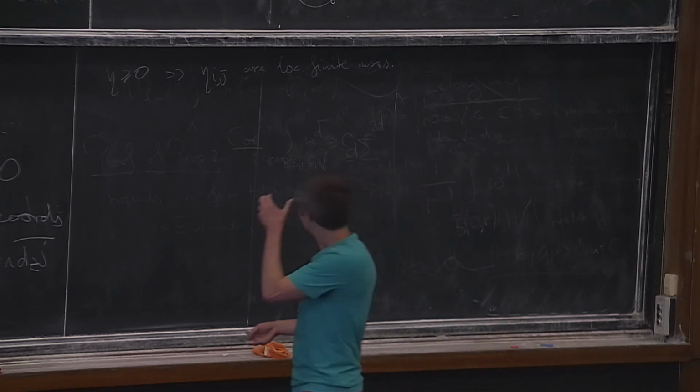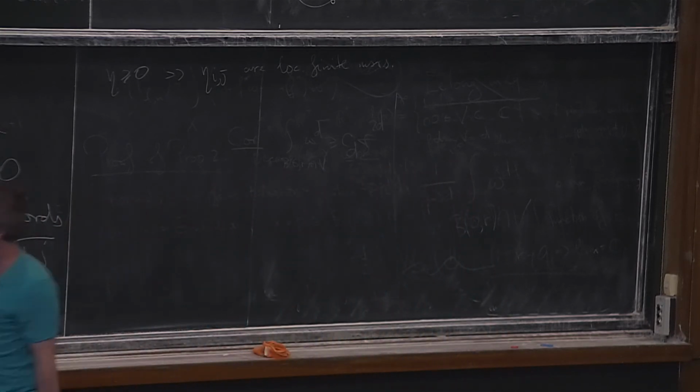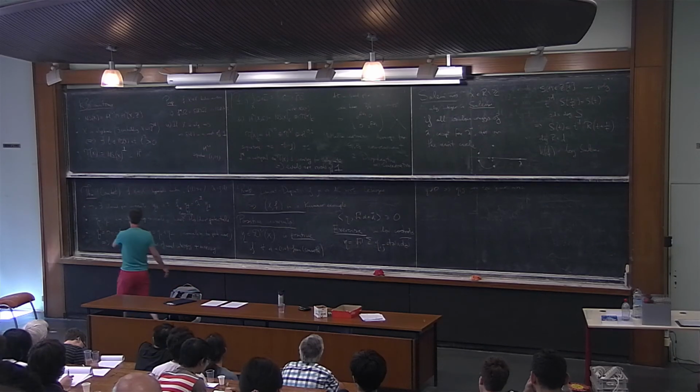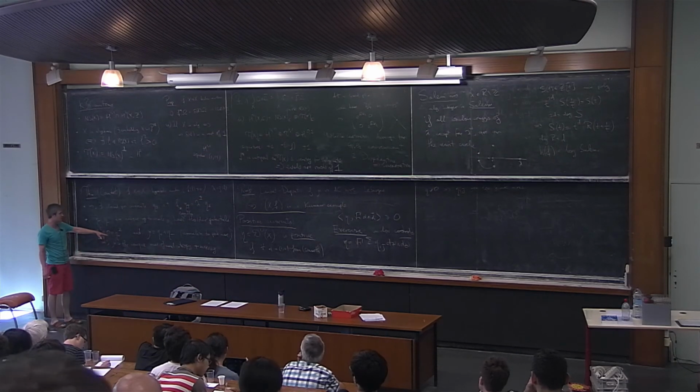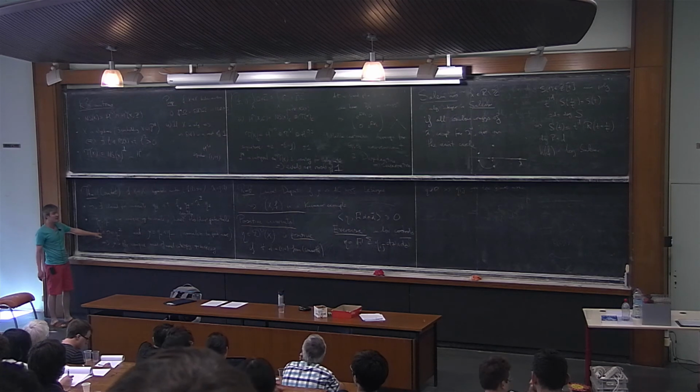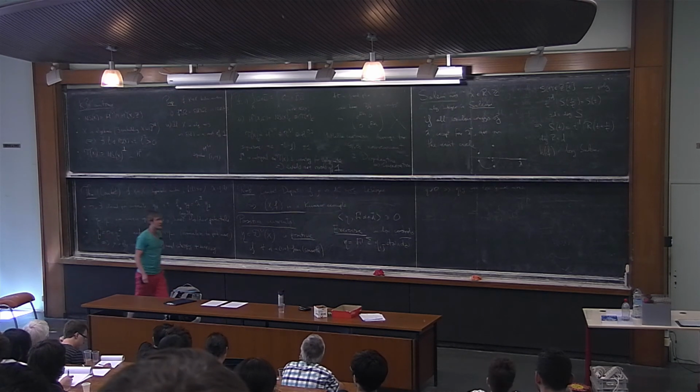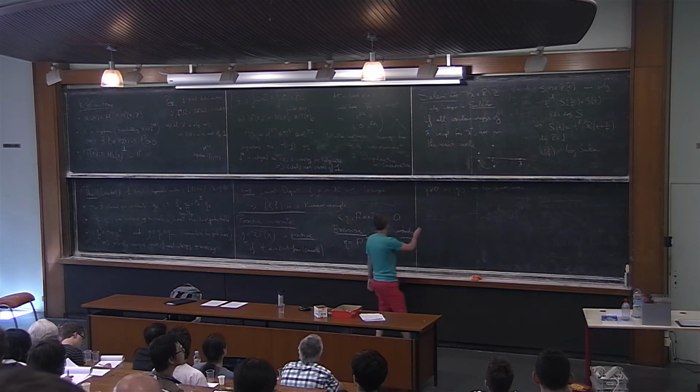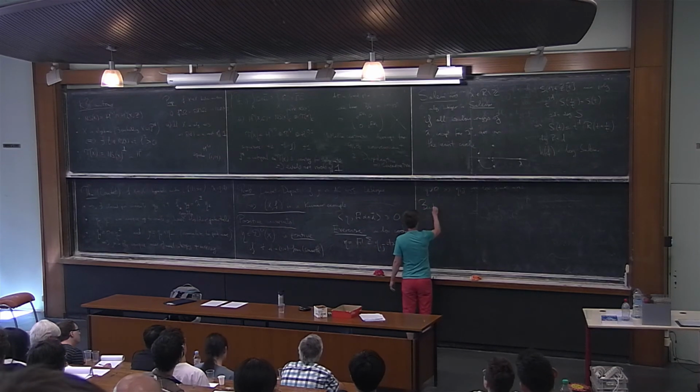Okay? And the last remark that I want to make is, how do you define the product of a current with itself if it has some positivity properties? So this is called Bedford-Taylor theory.